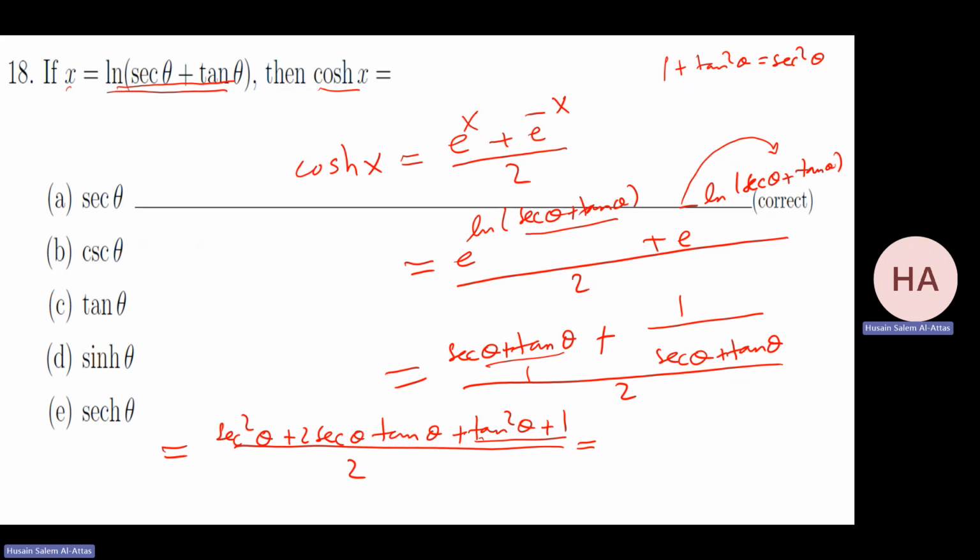So I have 2 secant squared theta plus 2 secant theta tan theta over 2.